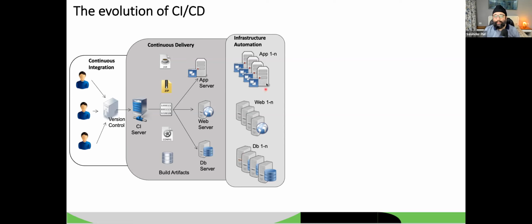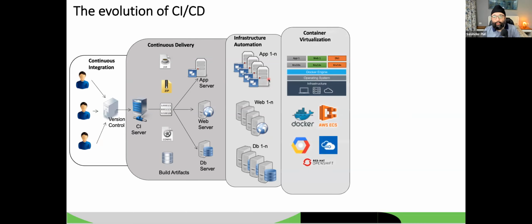And then as that started getting more complex and more matured, we figured out, why would you even have the entire machine serving just an app server? Is there a way to shrink that? Because then you started hitting hardware limits on your data center. So to be able to virtualize this, we came up with the concept of container virtualization. So what does container virtualization say?